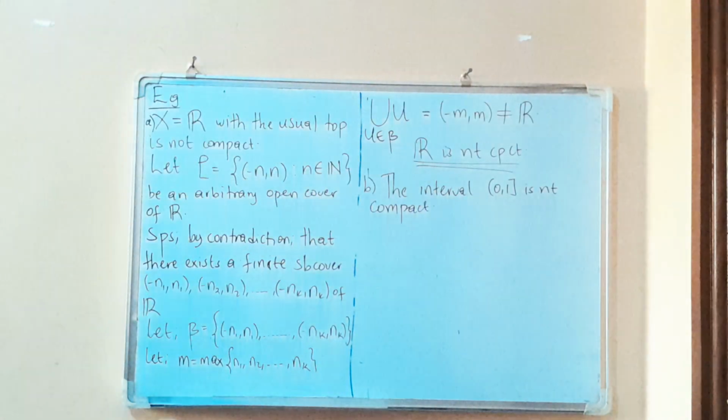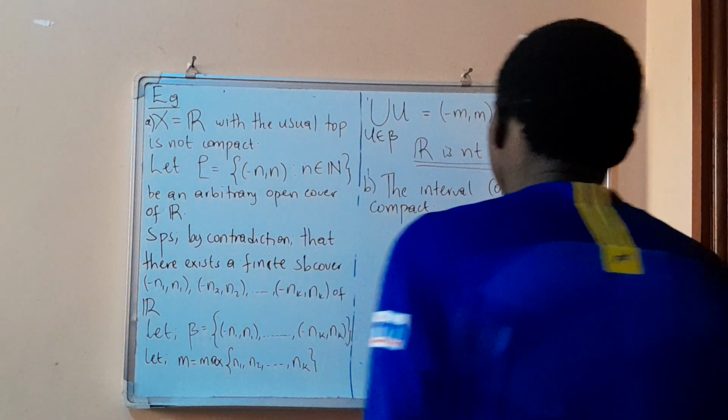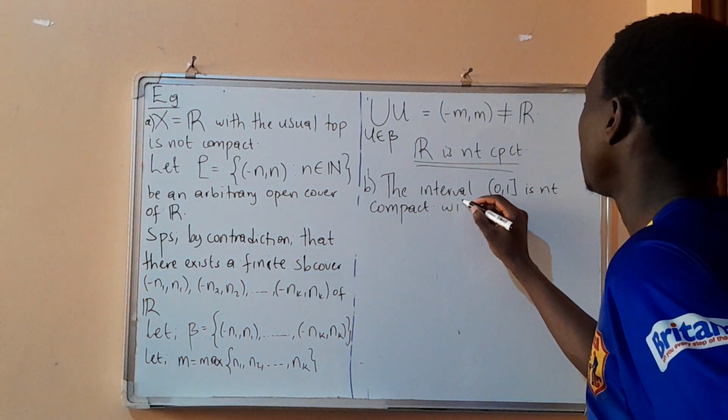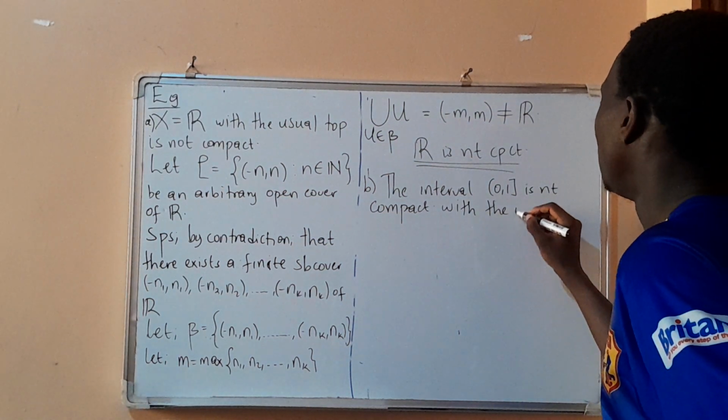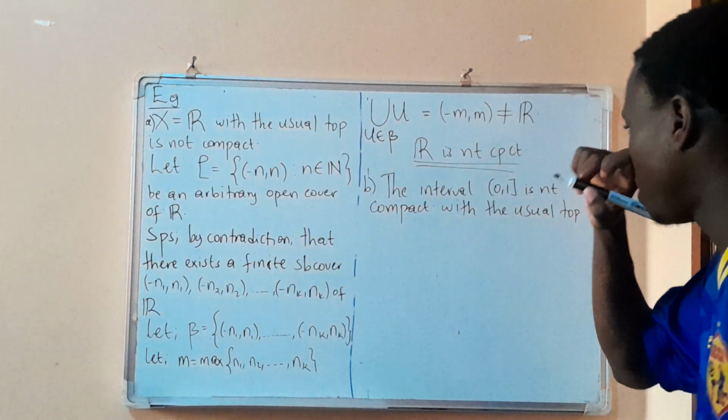We want to prove that this interval is not compact, the same way. If every open cover of that set has a finite subcover, then it is compact. Here it is not compact with the usual topology on R.